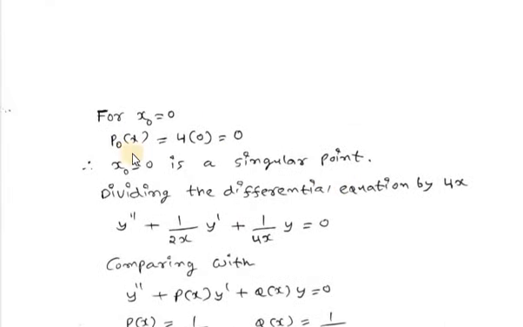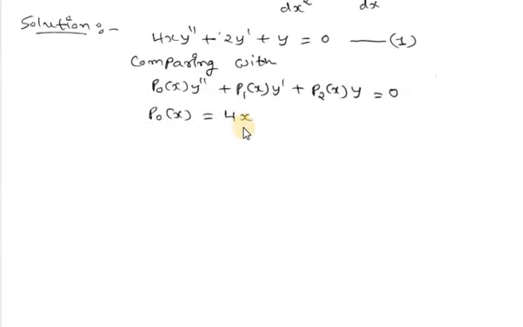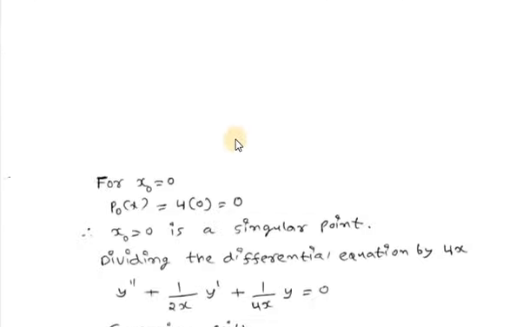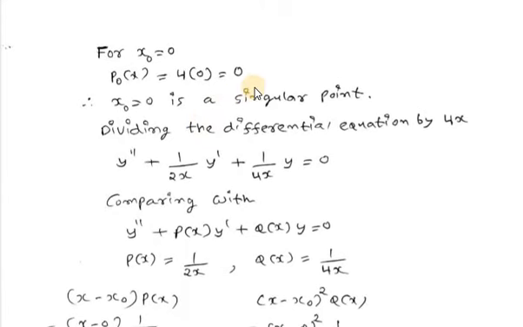So for x0 equals 0 we have p0(x) equals 4 into 0, that is 0, right? Therefore x0 equals 0 is a singular point, as p0(x) equals 0.